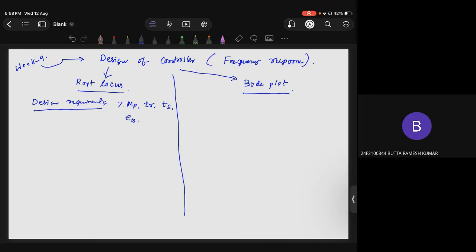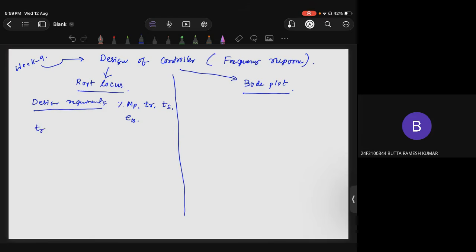For example, I want my percentage overshoot to be 20% only or 5% only. Then rise time has to be this much, settling time has to be this much, etc. So we already know the formulas.